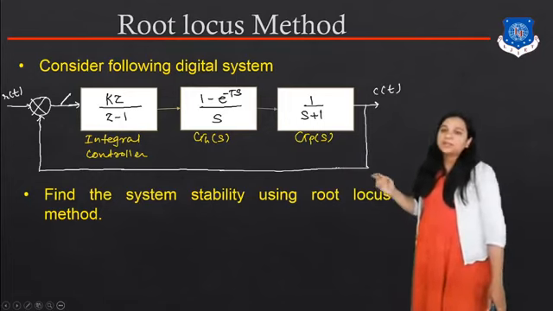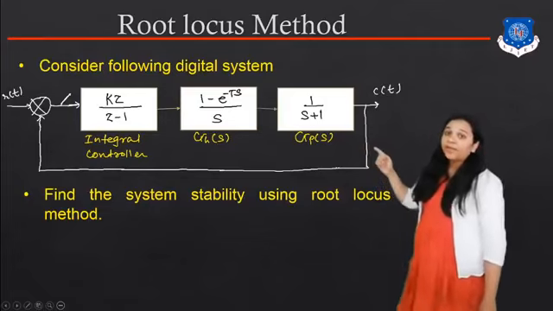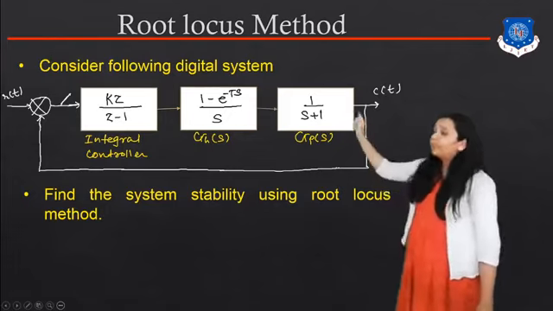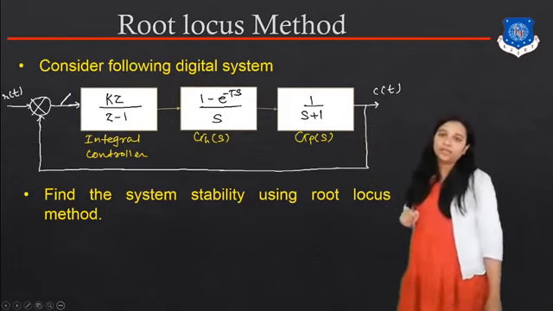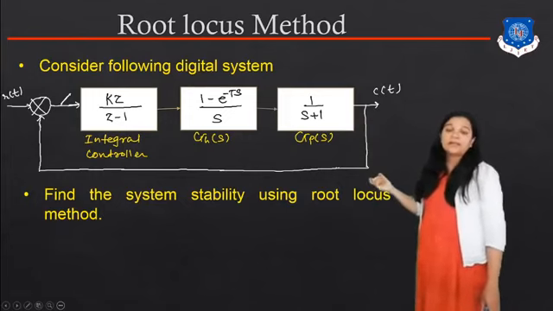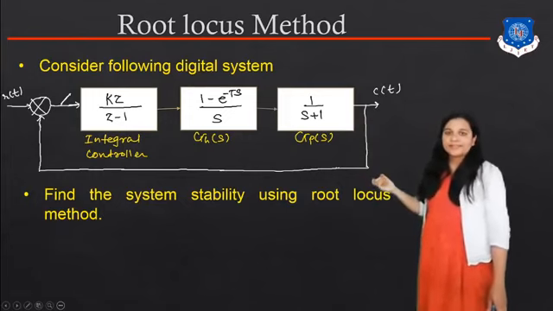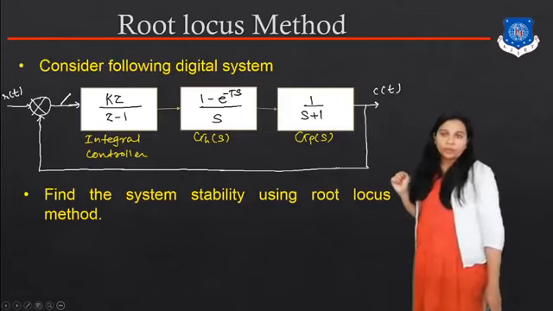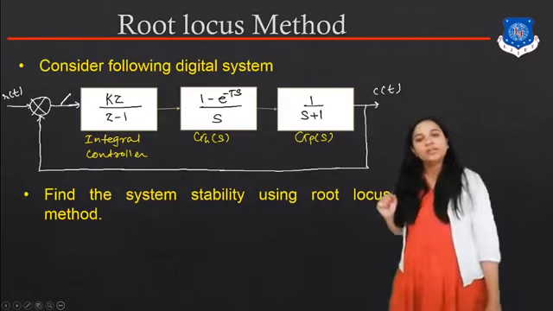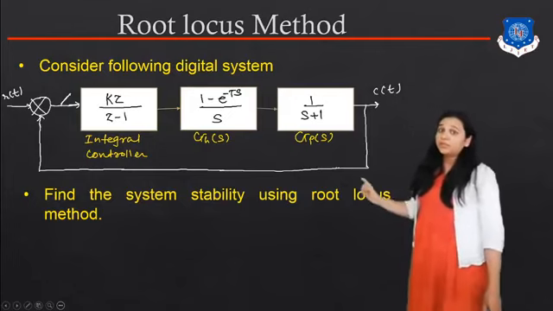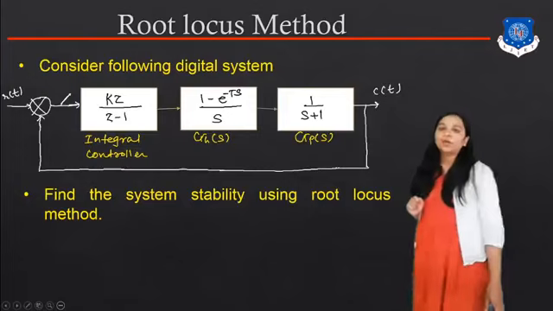In series with this, there is another block, that is GH(s) equal to (1 minus e raised to minus Ts) upon s, and another block GP(s) equal to 1 by (s plus 1). Here you can see that the feedback element is unity feedback. Now we have to find the system stability using the Root Locus method.